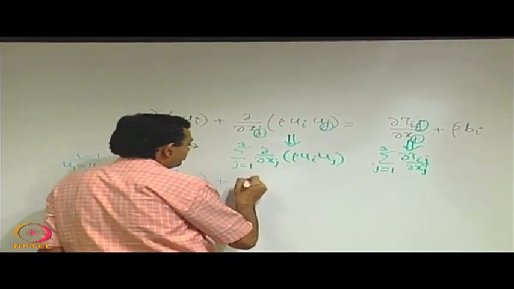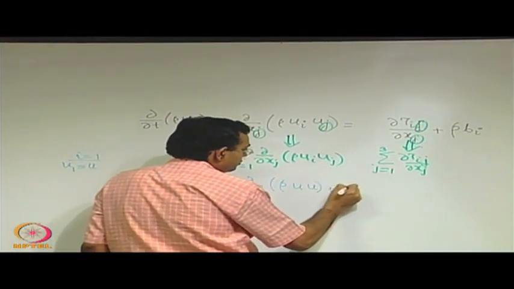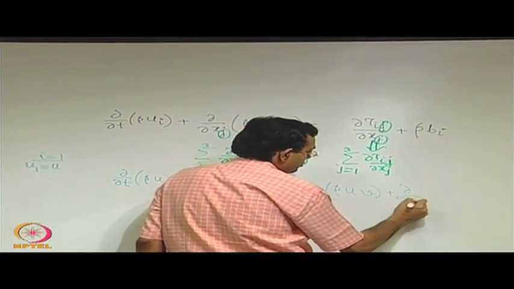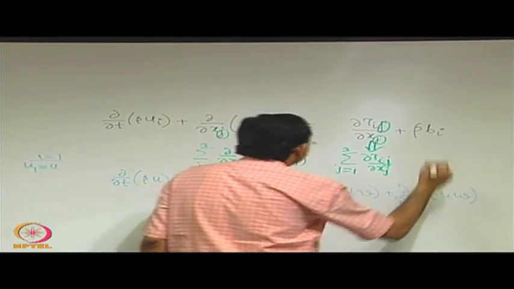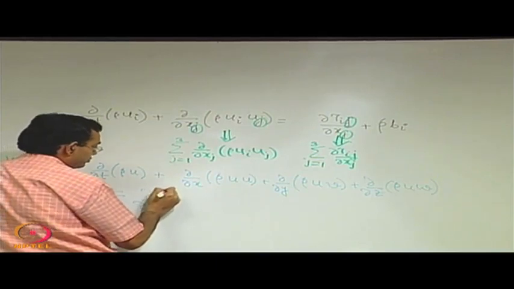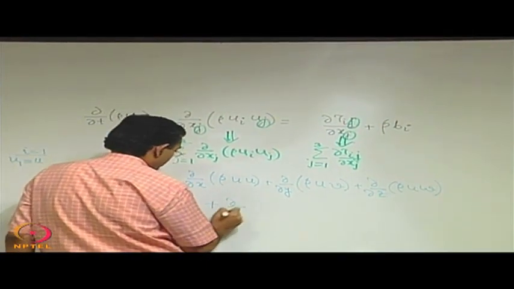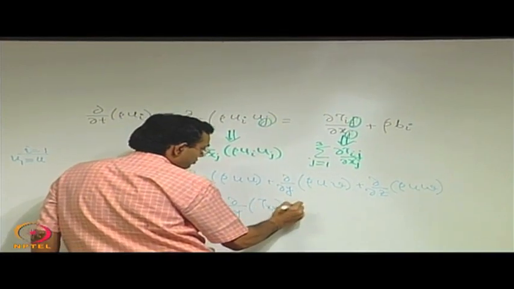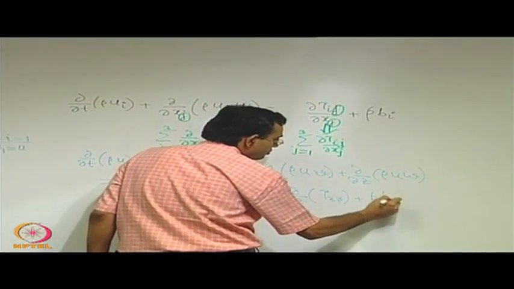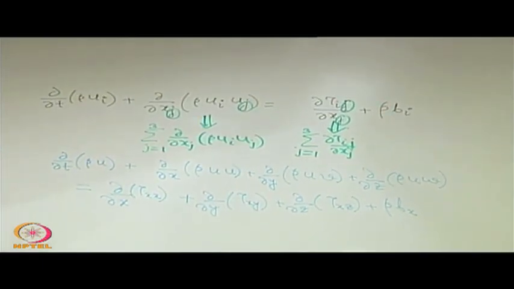Then such a summation. So, this is the equation written for motion along x.